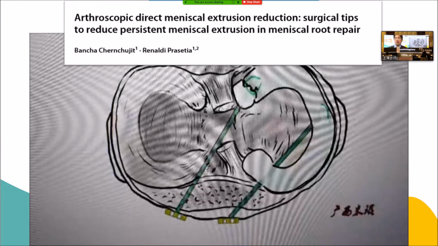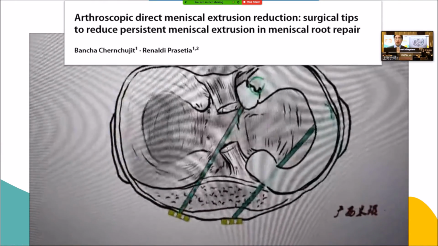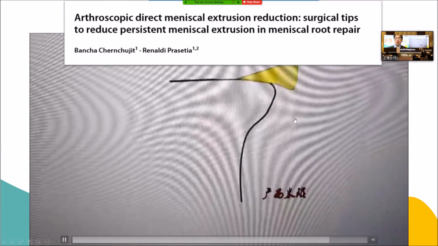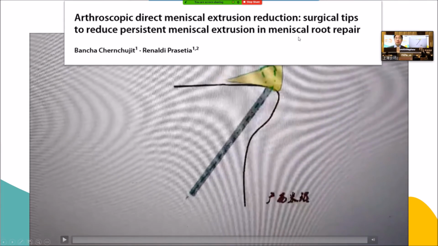If they have a really big gap in a chronic case with extrusion, I will try to do it this way. I make the transosseous repair and also the extrusion reduction. Okay, so you can read this article we published, like this. You see that this is the extrusion reduction.